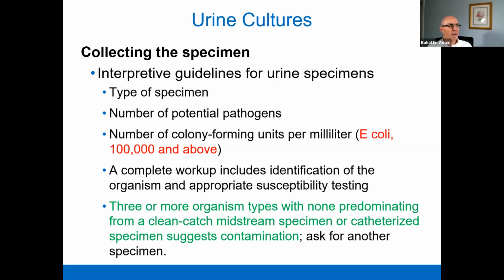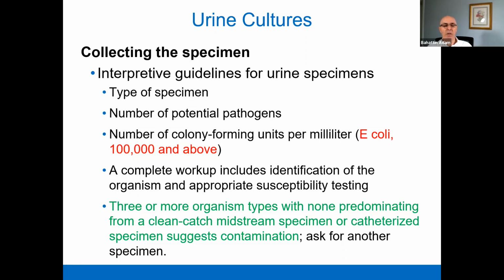If you look at a urine sample, you also have to explain to the patient how to obtain the specimen. First, the genital area should be cleansed, and then the first urination should go into the toilet, and the middle part of the urine is collected into a sterile container for urine culture.